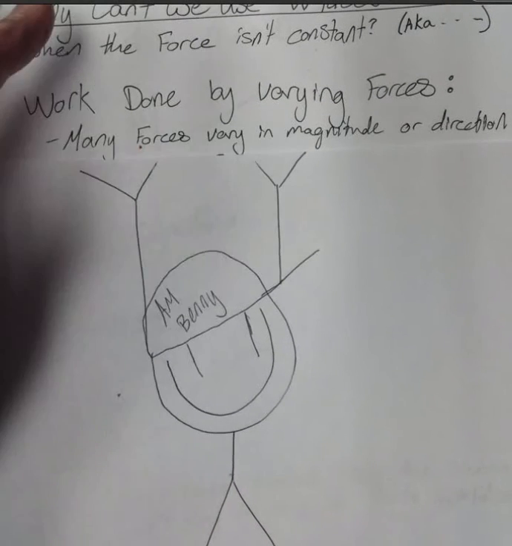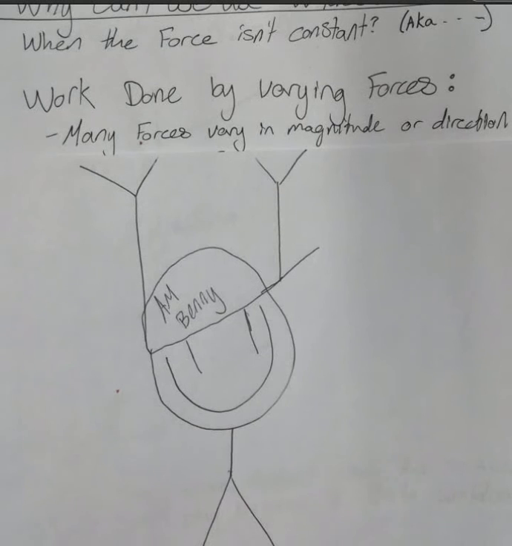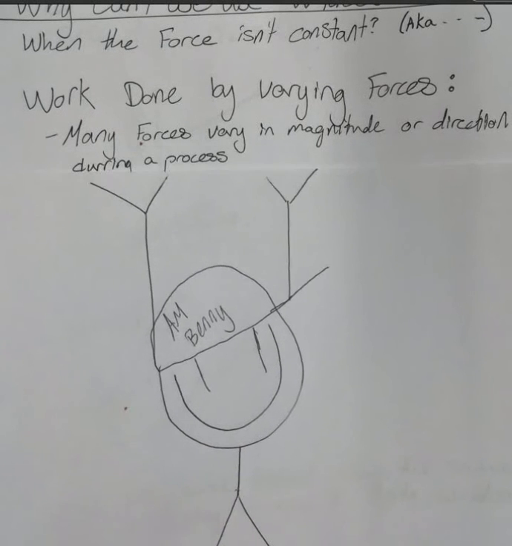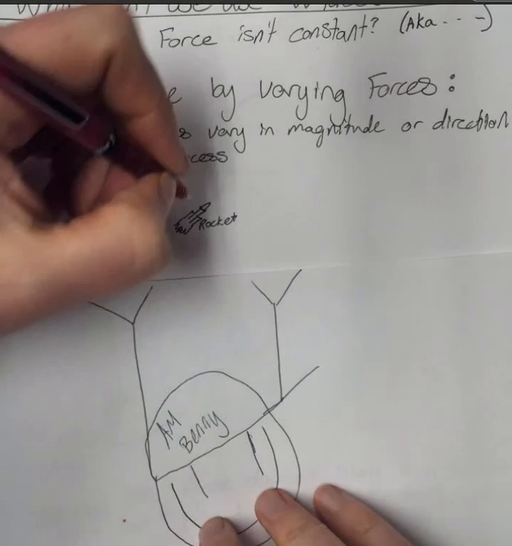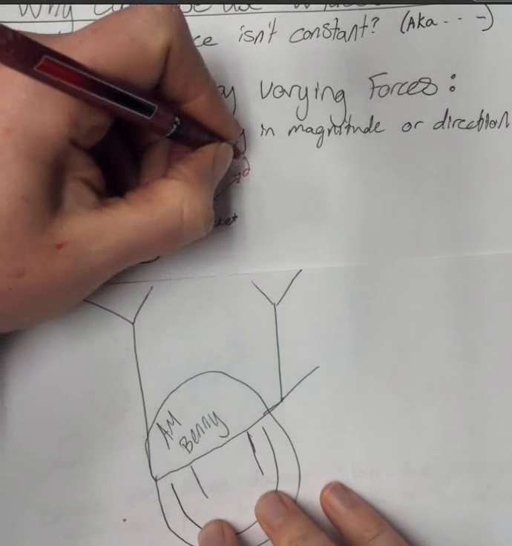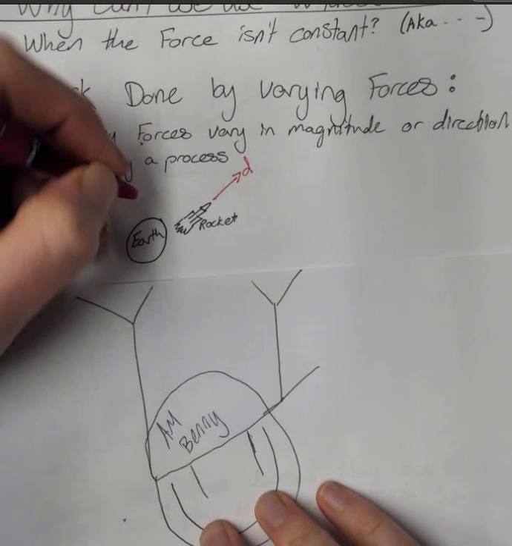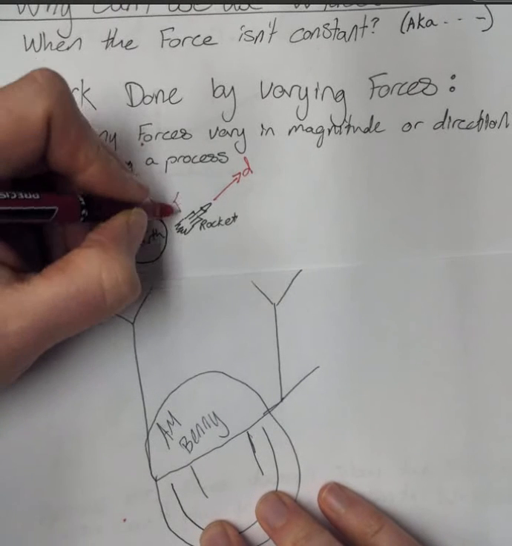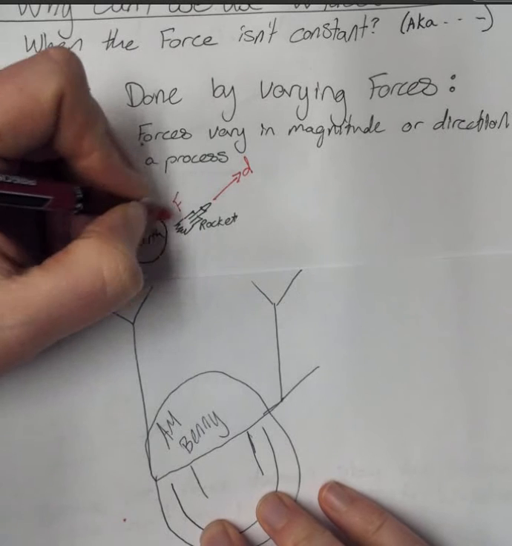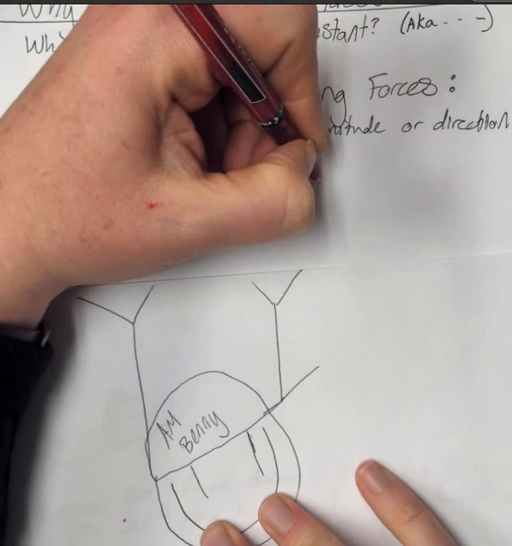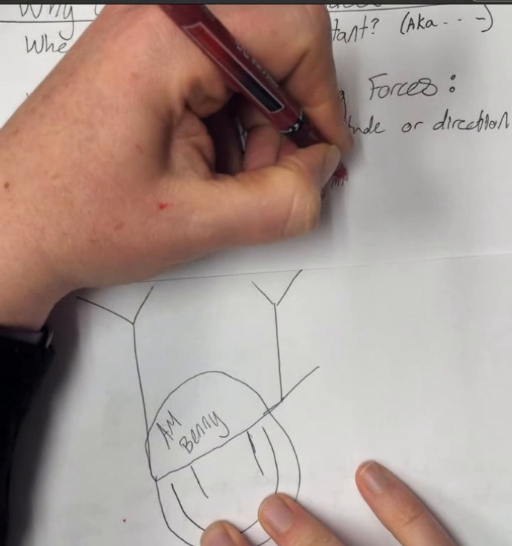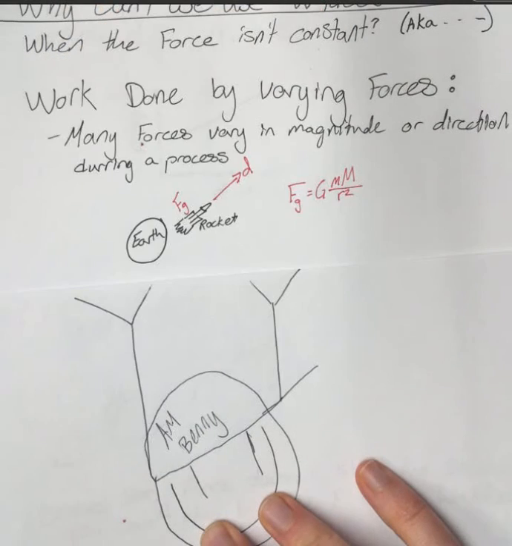There's a lot of forces that change in either their magnitude or their direction during a process. Take, for example, this situation where a rocket is moving with a displacement away from Earth. Well, the force that this rocket was experiencing is the gravitational force, and gravitational force equals GMm over r squared.